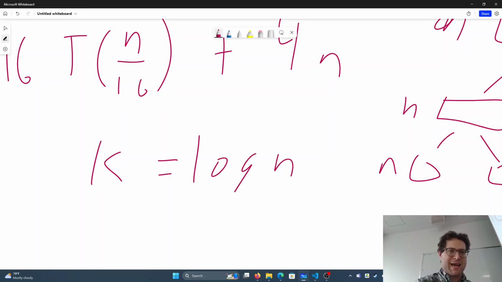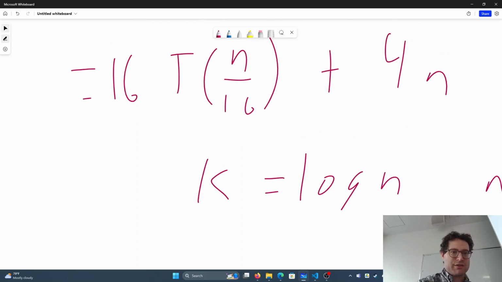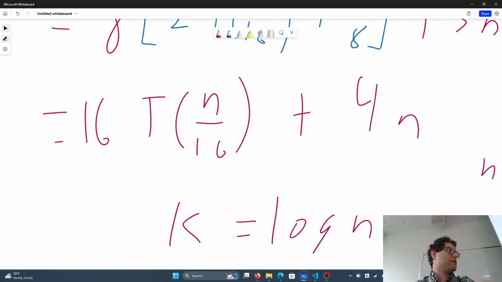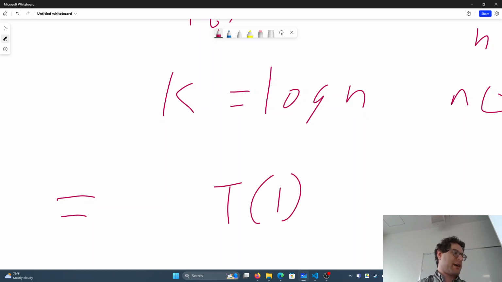Now, why am I doing that? Because now I can rewrite this formula. Right now we're going up by powers of 2. So if I want to put this in terms of how many T of 1 operations there are, the 2 in front kept doubling.